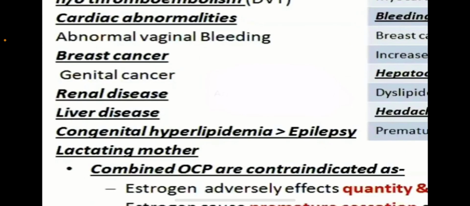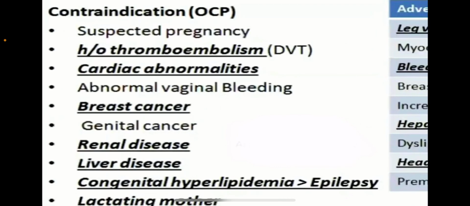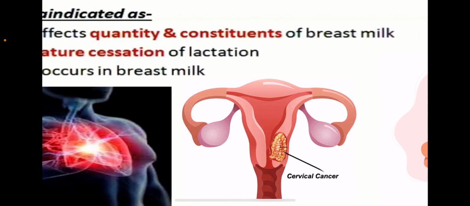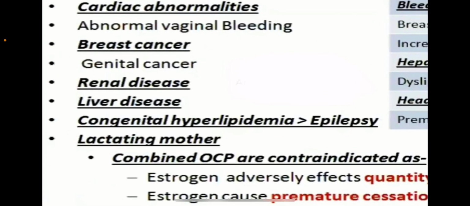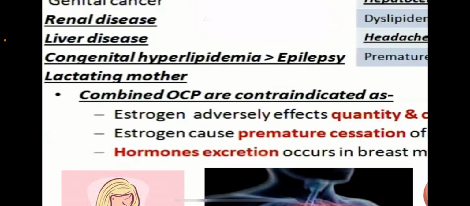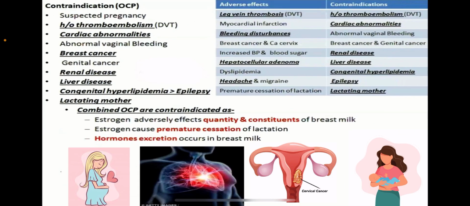So we have the cardiovascular conditions, abnormal vaginal bleeding, breast cancer, genital cancers, that is cervical cancers, and the renal diseases, liver diseases, congenital hyperlipidemia, also epilepsy, wherein it is a contraindication. The hormonal contraceptives should not be considered in cases of epilepsy.